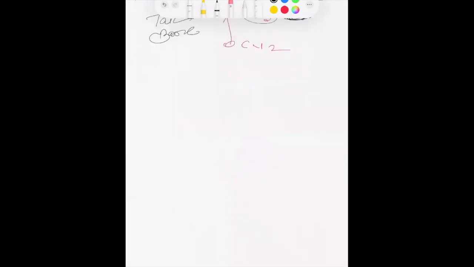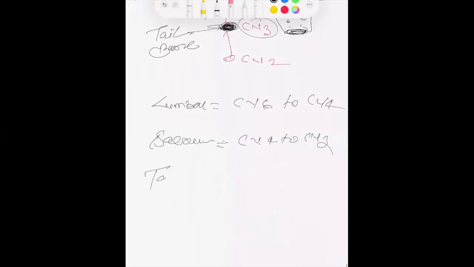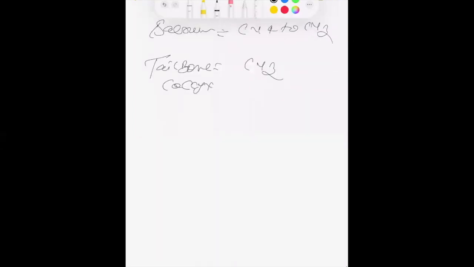The lumbar area is CV6 to CV4, the sacrum area is CV4 to CV3, and the tailbone or coccyx is CV3. So let's summarize all the things.